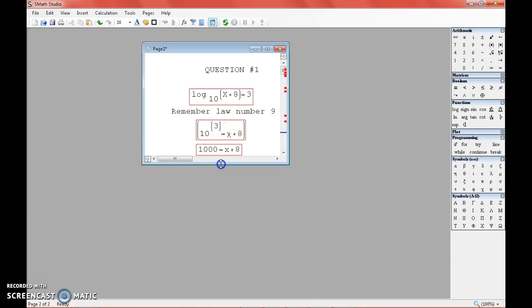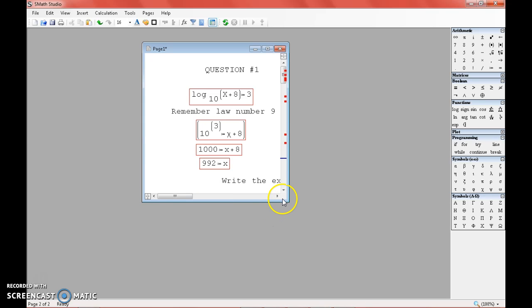If you do that, then 10 raised to 3 is 1,000, which is still equal to x plus 8. And then if you carry over the 8 and minus it, then we have 992, which is equal to x. And that will be the value of x. Simple, right? Okay. So now we're moving on to question 2.